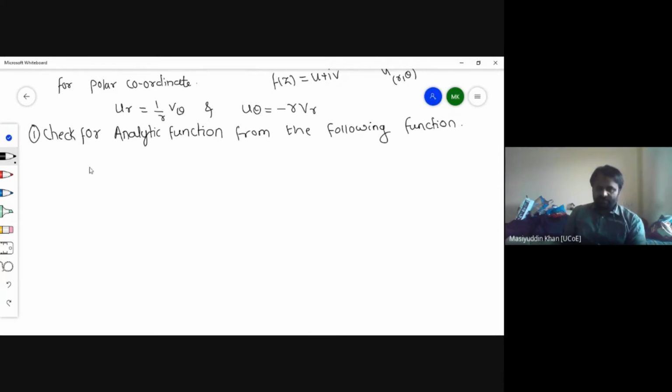So one by one we are going to introduce the questions. The first question I'm taking here is z into e raised to 2z. So this is my first question. We have to check whether the function is analytic or not.